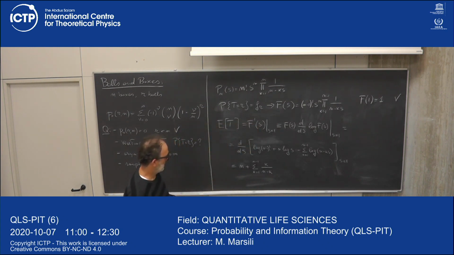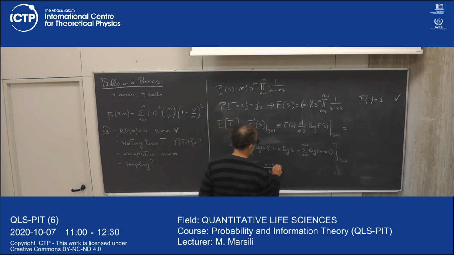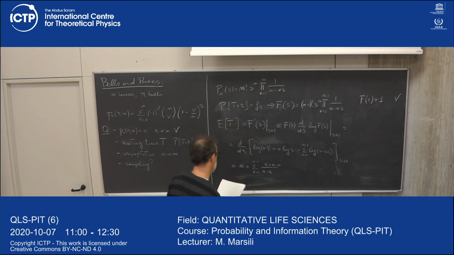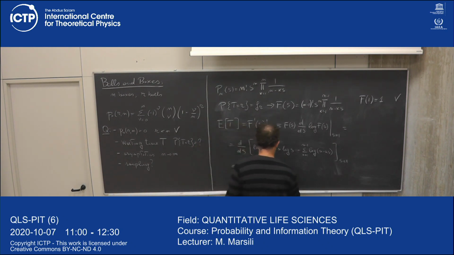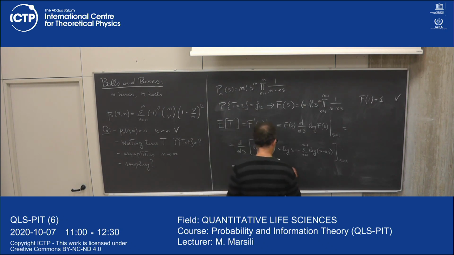Okay, so now if you add here n and subtract n, you can rewrite this in a simpler form as just 1 plus n times the sum from k equal 1 to n minus 1 of 1 over k.